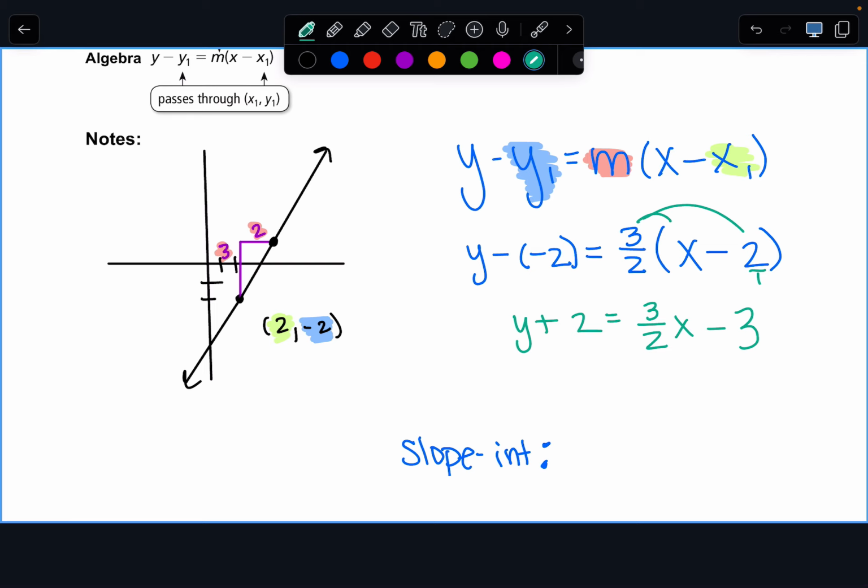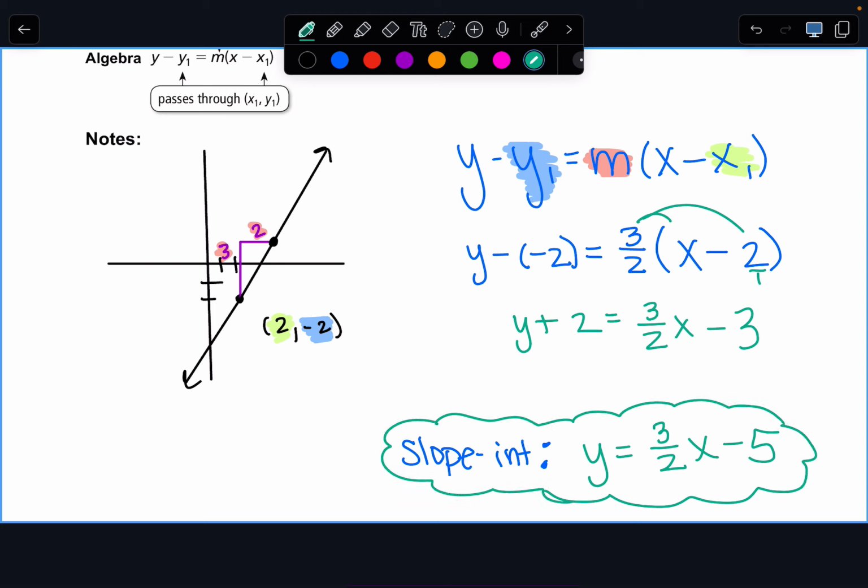So I can subtract 2 from both sides to get y equals 3/2 x minus 5. Okay. Our goal today is to be able to use point slope form to get to slope intercept form. Okay.